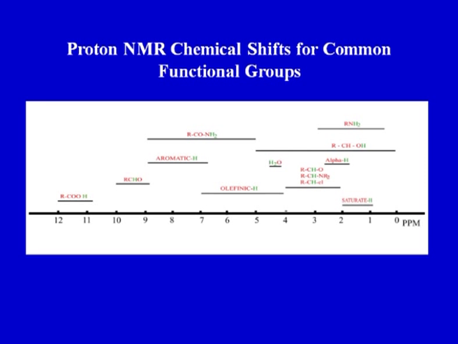Proton NMR chemical shifts for common functional groups: if we compare here, you can see that depending on different chemical environments, the protons will show different chemical shifts, starting from the 0 ppm of TMS.